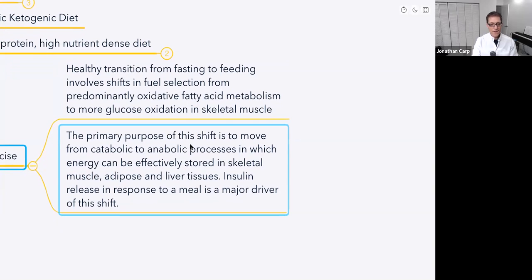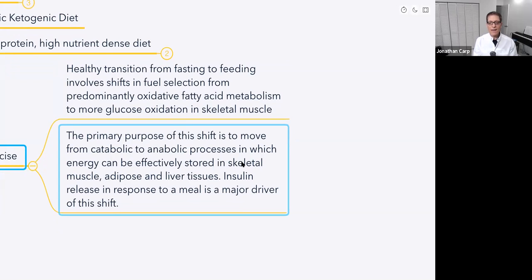And the primary purpose of that is to move from catabolic, which is basically a breaking down using the fuel, to an anabolic process where you're building up, in which energy can be stored in skeletal muscle, fat, and liver. So we spoke about glycogen as an example.